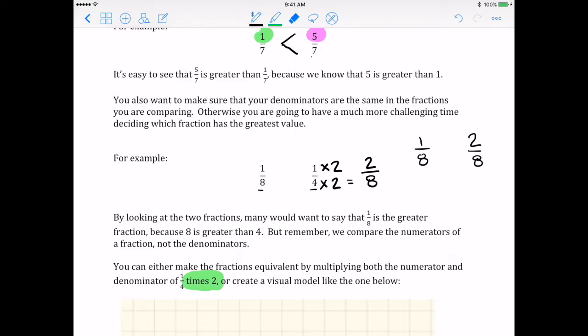And I'm going to say now, what's greater, 1 or 2? Well, 2 is greater, so therefore 1/8 is less than 2/8. 2/8 is the greater fraction.